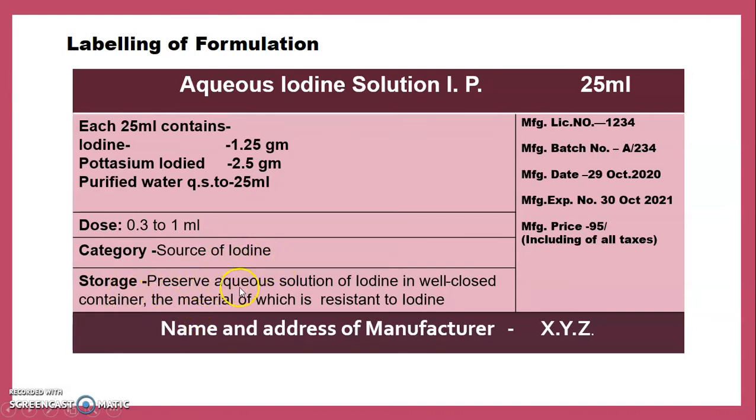Then storage: preserve the aqueous solution of iodine in a well-closed container, the material of which is resistant to iodine. That means we have to choose a container of an amber colored bottle. For this, we already did that. Then the manufacturing license number, manufacturing batch number, manufacturing date, expiry date, price of our preparation, and lastly at the bottom of our label we should mention the name and address of our manufacturer.